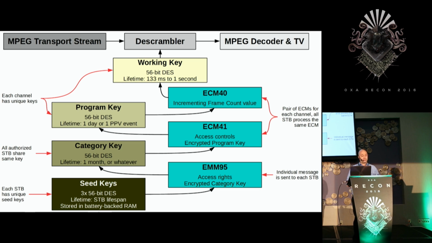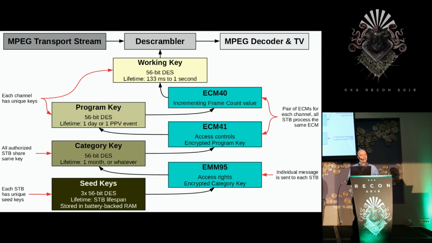An encrypted transport stream is sent via the cable or satellite. It passes through the descrambler inside the ACP, the access control processor, and the result is a decrypted transport stream that can be played by the MPEG decoder. This descrambler uses a working key. This is a 56-bit DES key. It changes every 133 milliseconds.